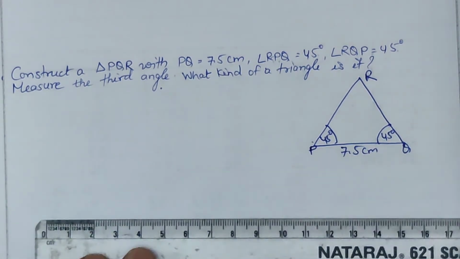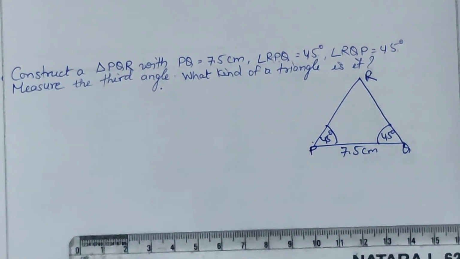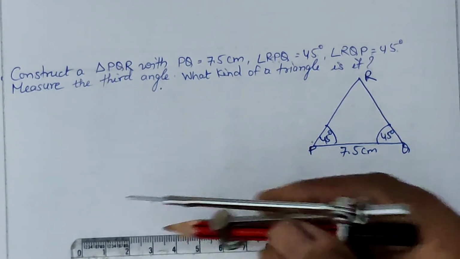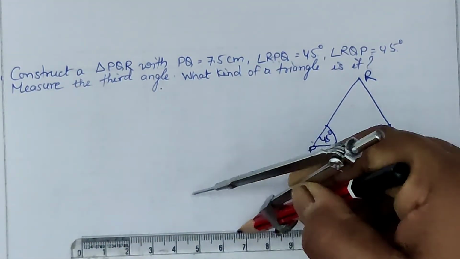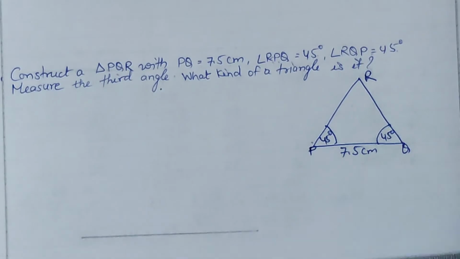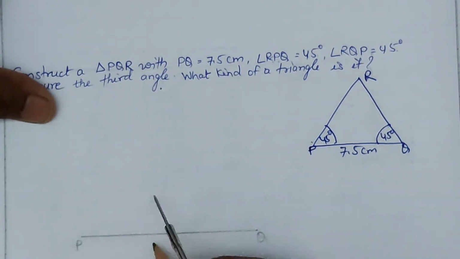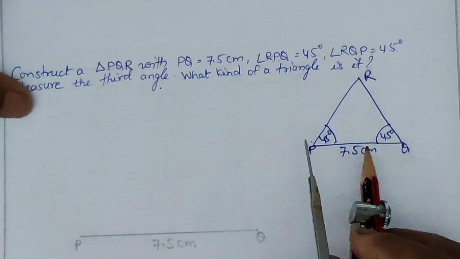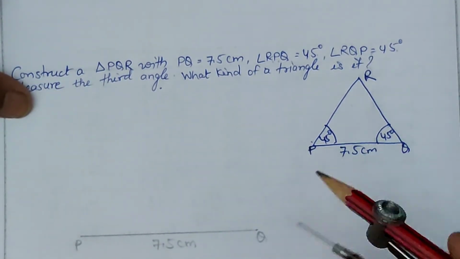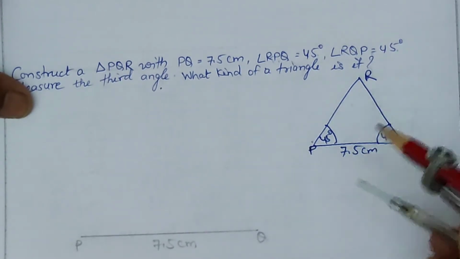PQ 7.5 centimeters. Here is the PQ 7.5 centimeters. Now make an angle of 45 degrees. The 45 degrees can be made by compass.